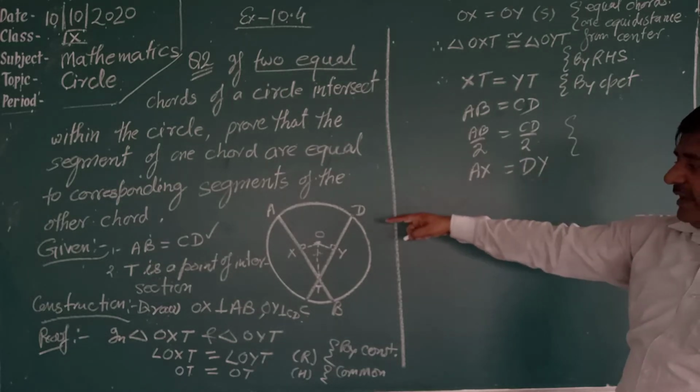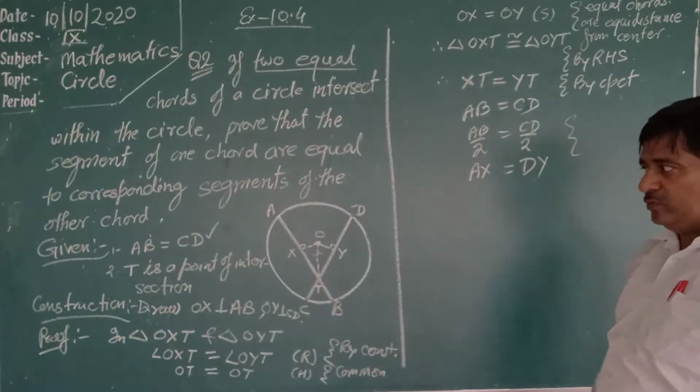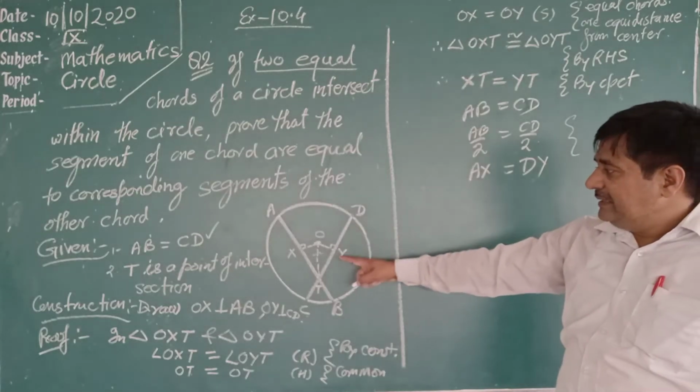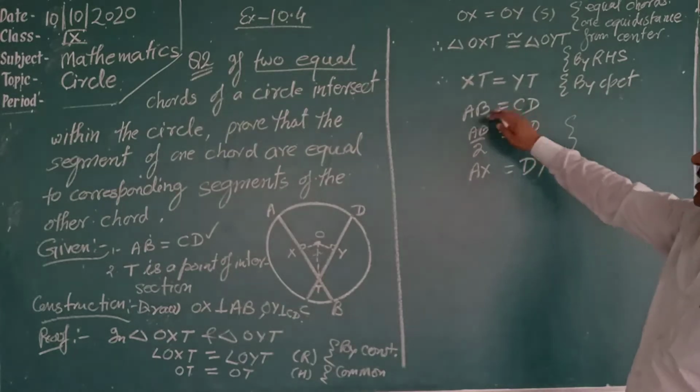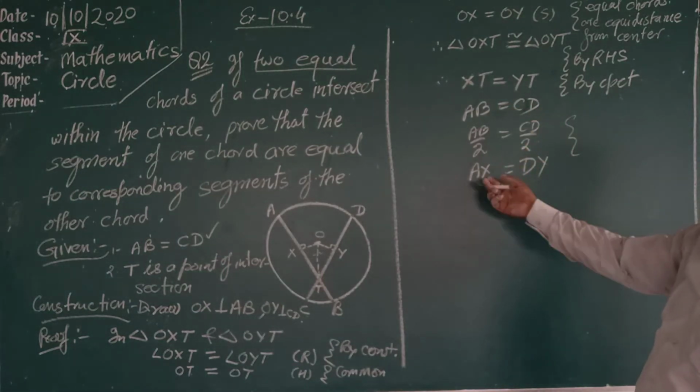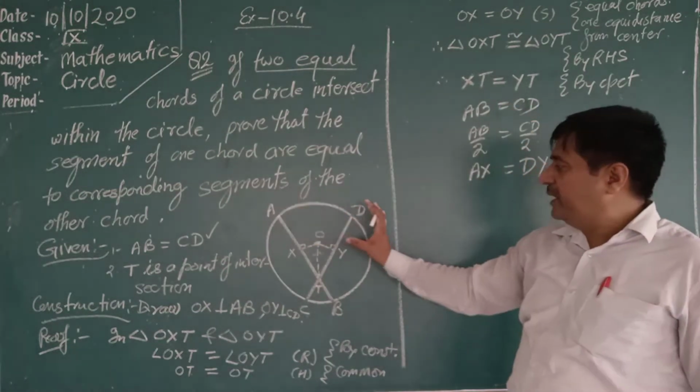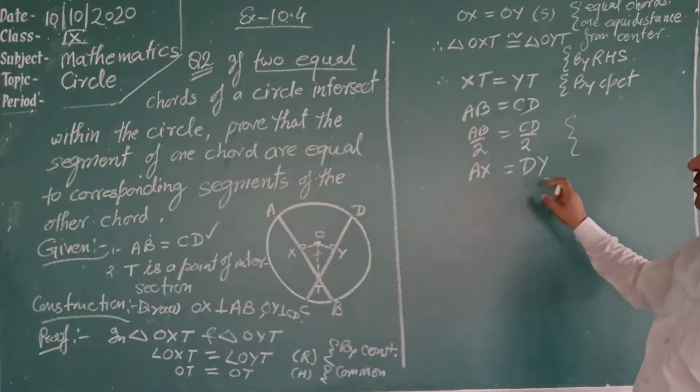Therefore AX or BX both are equal and DY and CY both are equal. And since these are equal chords, AX will be equal to DY.